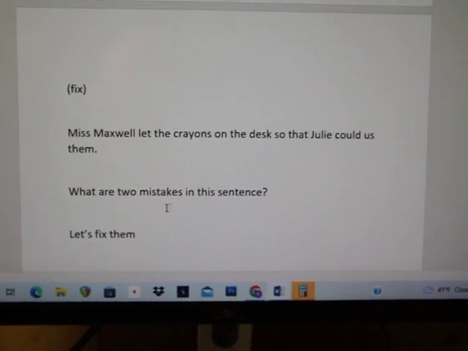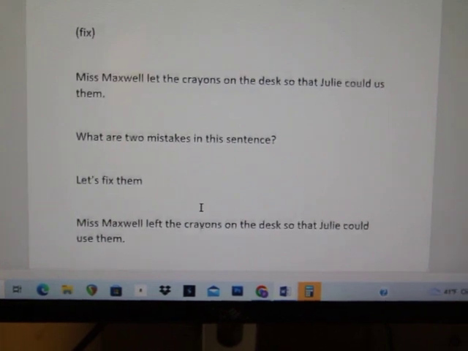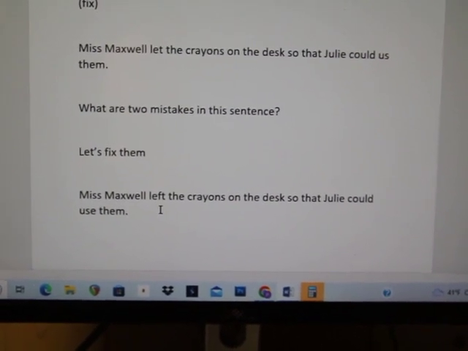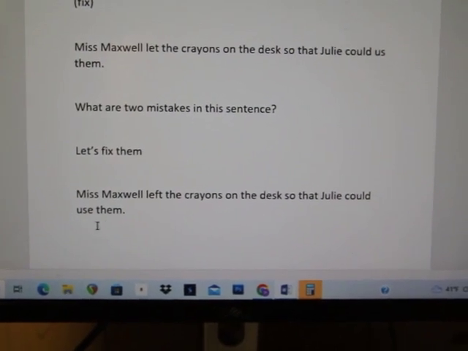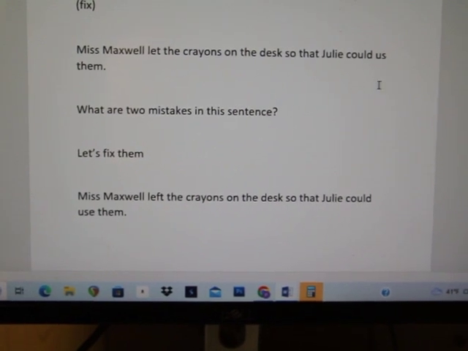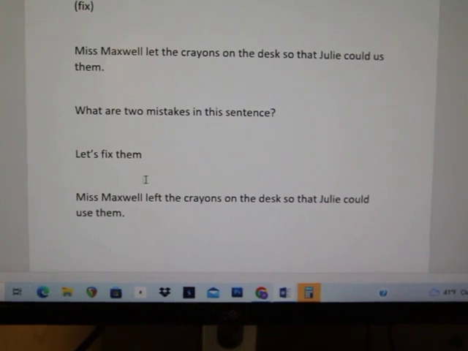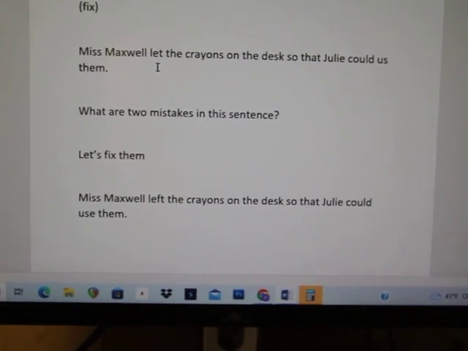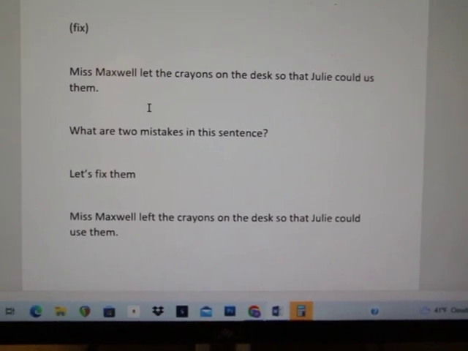What are two mistakes in this sentence? Let's fix them. Miss Maxwell left the crayons on the desk so that Julie could use them, not "us them." We're not talking about us and them. We needed to put an E on that: use. And then this, what did we leave off? We left out the F. So "let" needed to become "left."